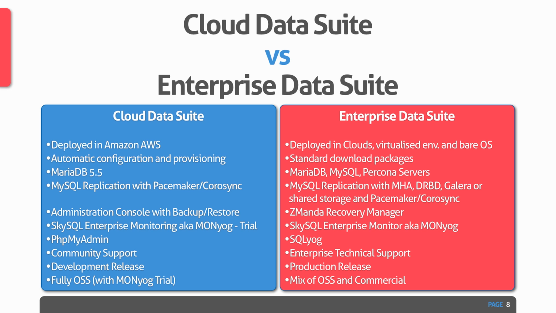The administration console allows the database administrators and the users to interact with the database and to execute and perform commands like backup and restore, but not only. You can also control the replication and other specific components of the Data Suite. Then the enterprise monitoring tool that we provide at the moment is a trial version of Monyog.